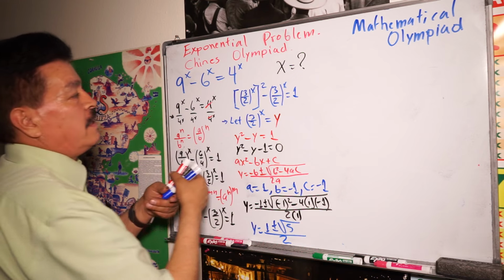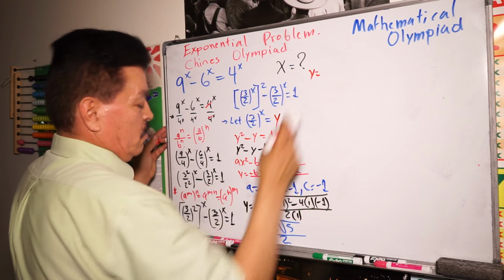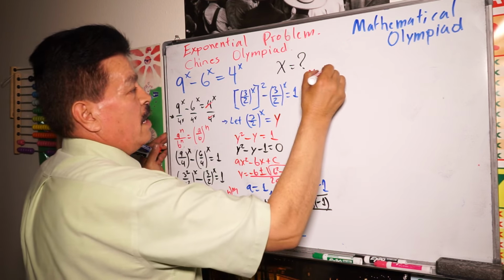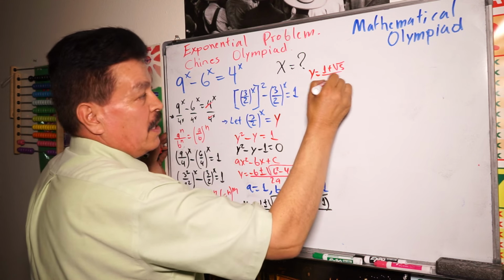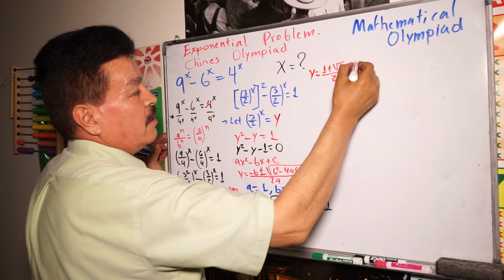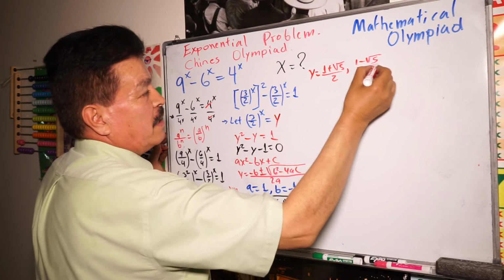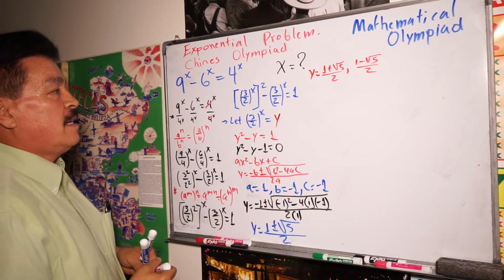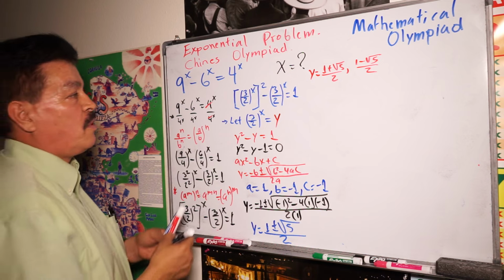Then y here, look at this, y is going to be equal to 1 plus square root 5 divided by 2, and then the other one is 1 minus square root 5 divided by 2. So keep that data in your mind. So now continue with our problem.